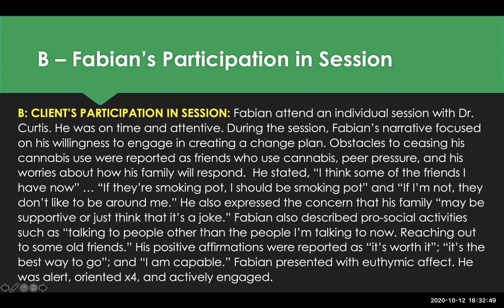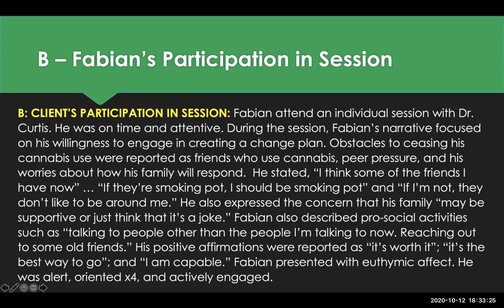During the session, Fabian's narrative focused on his willingness to engage in creating a change plan. Obstacles to ceasing his cannabis use were reported as friends who use cannabis, peer pressure, and worries about how his family will respond. He stated, "I think some of the friends I have now, if they're smoking pot, I should be smoking pot." And he also stated, "If I'm not, they don't want to be around me, or they don't like to be around me."